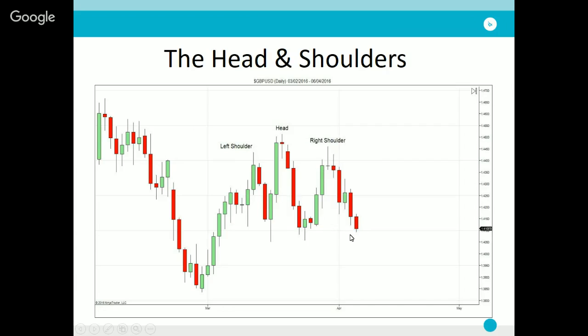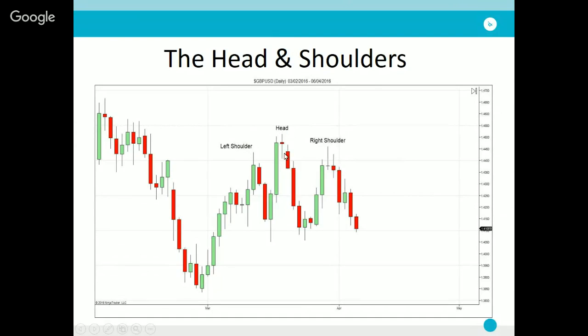And the beauty is that for a pattern like this, on a daily chart where the distance between the right shoulder and the neckline is a good 300 or 400 pips, for most traders the magnitude of this pattern is going to negate being able to trade it, because the stop required to trade it the classic way, trading a break of the neckline with a stop above the right shoulder, is just simply too much. 300 or 400 pips for most people is out of the question.